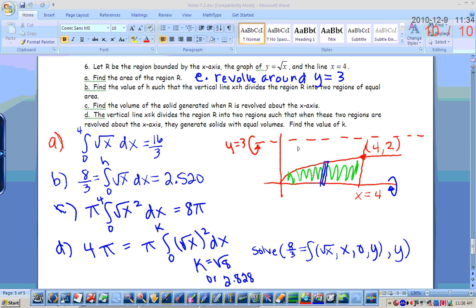Obviously a washer. All right, now big R is from the axis to the very far outer part of your figure, which would be 3. It's always top minus bottom. That's why I wanted to do the axis of revolution up above the figure, because the length of R is always going to be top minus bottom, or right minus left. So big R is 3.